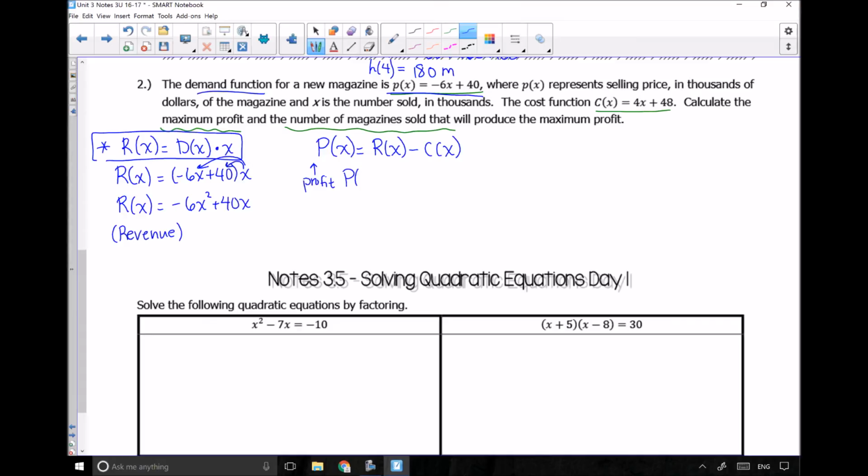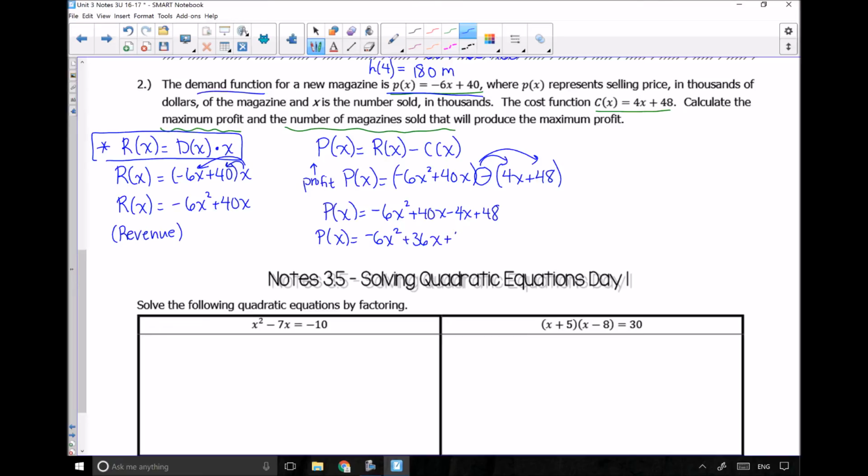So our profit function is equal to the revenue, negative 6x squared plus 40x, minus the cost, 4x plus 48. When I distribute the negative through, I get P of x equals negative 6x squared plus 40x minus 4x minus 48, so P of x is equal to negative 6x squared plus 36x minus 48.